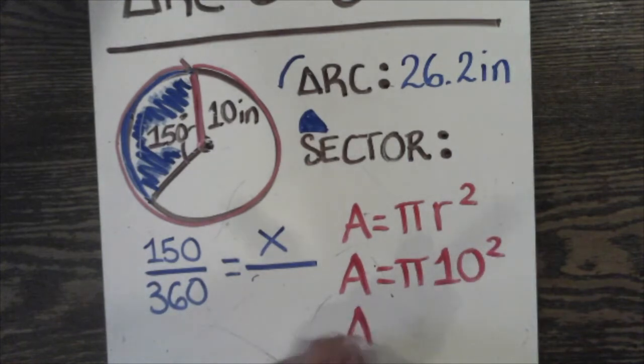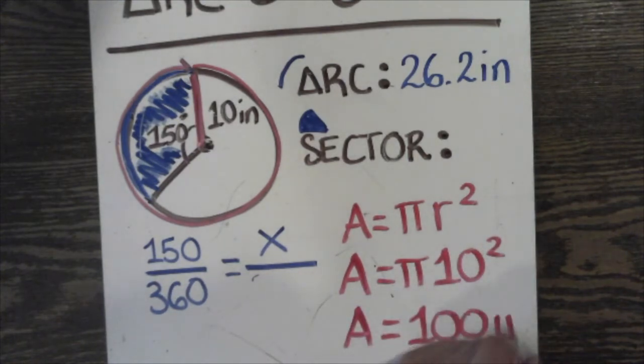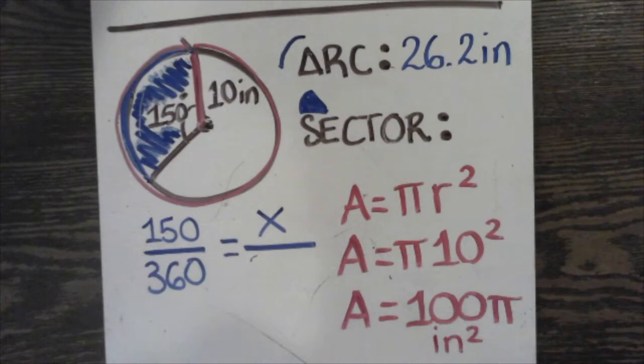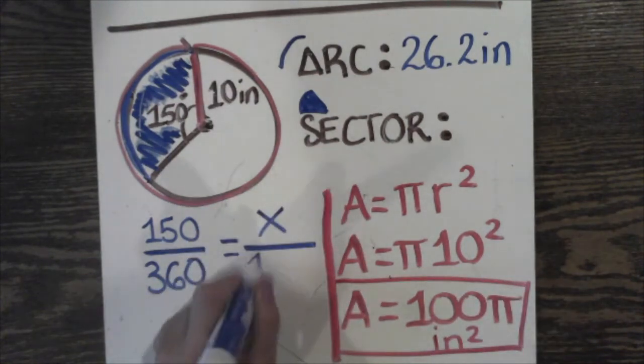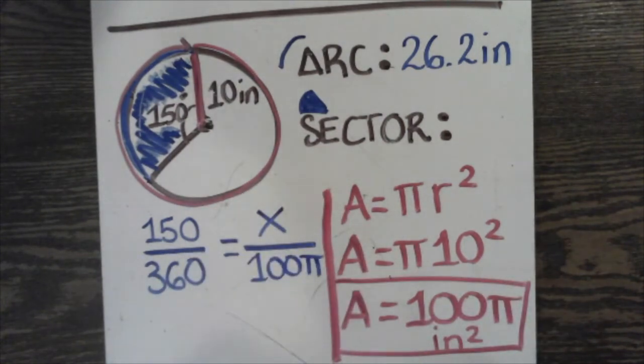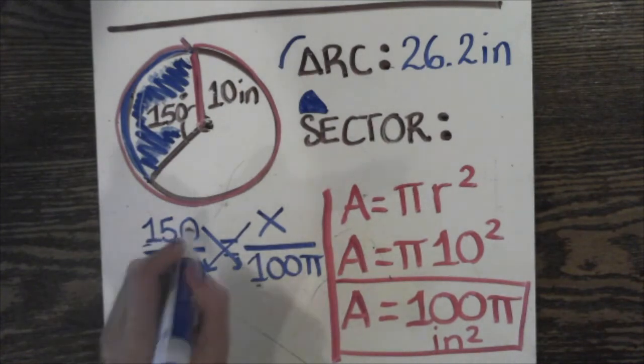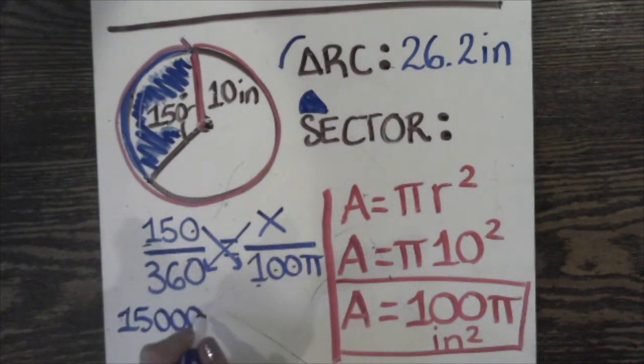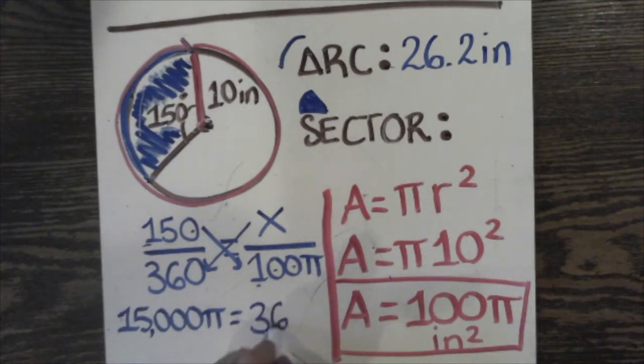Pi times r squared is pi times 10 squared, or 100 pi. And when I multiply 150 times 100 pi, I get 1 times 15, which is 15, and include the 3 zeros and times pi. Then I multiply x times 360, which is 360x, and divide by 360 on both sides.